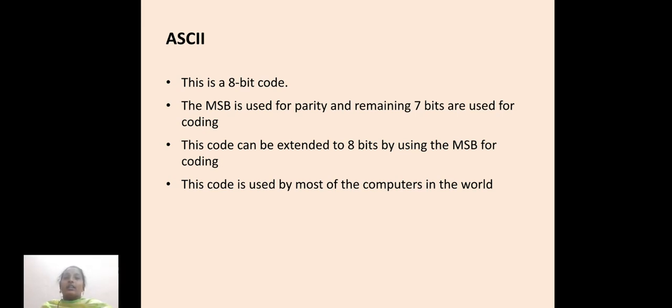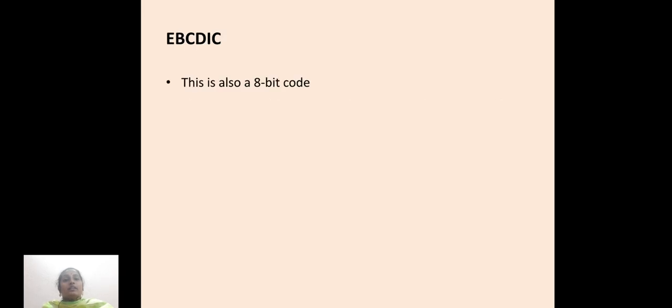While transferring the data, there is a chance of changing 1 to 0 or 0 to 1, so the total result would be changed. For that purpose, every time we add one bit for checking errors, and that bit is called the parity bit.